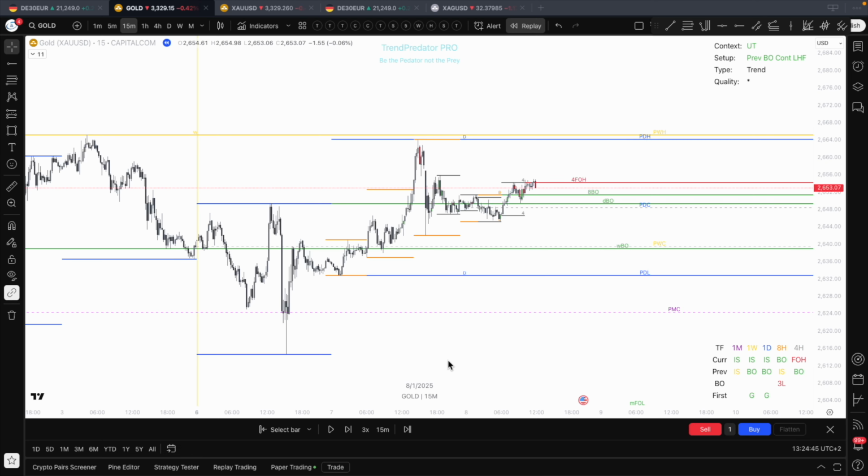So now here, first example. All what you're seeing here on the chart is done by my own indicator, Trend Predator Pro. So it really shows you the highs and lows of the especially critical time frames. So you have here previous week high, for example.